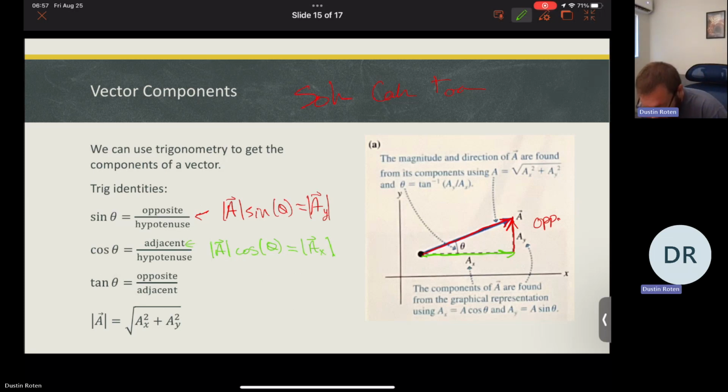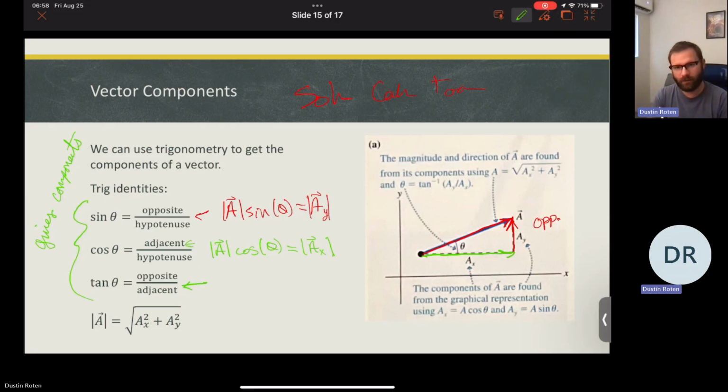Now, if for whatever reason we needed to connect the opposite and adjacent pieces, so the red piece and the green piece, we also have that with our tangent, which is the opposite Ay over Ax. So these three give us components. You'll notice we got our Ax, our Ay for the main vector A. Now, this bottom one, if we have our components, it will give us the magnitude.